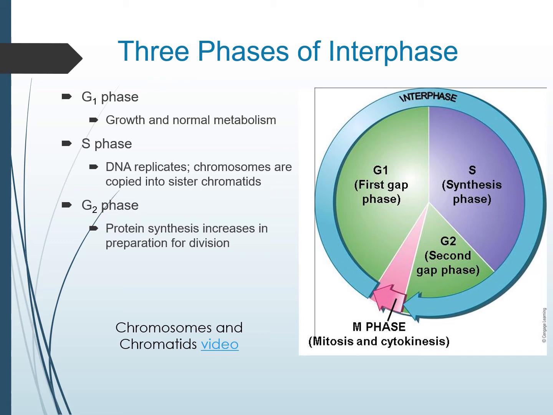The S phase is when DNA is being synthesized or replicated for cell division during mitosis. Chromosomes in this phase are copied into two sister chromatids. Finally, G2 is a phase for protein synthesis, which helps prepare the cell for mitotic division. Watch the linked video to help better visualize the difference between homologous chromosomes and sister chromatids.